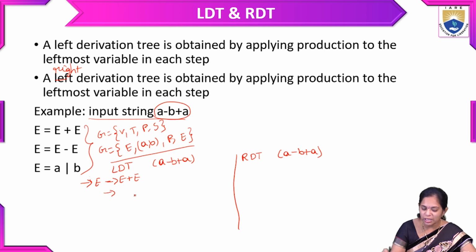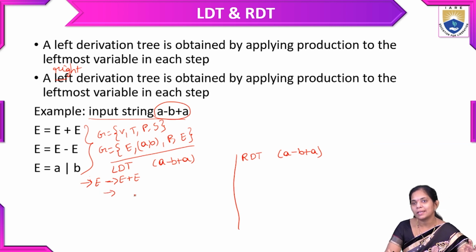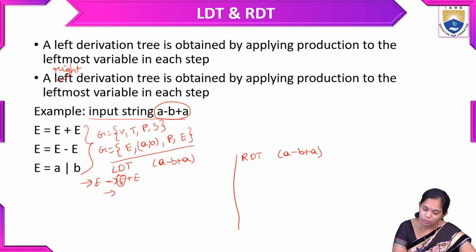We already discussed leftmost derivation and rightmost derivation. In the leftmost derivation, the first step is to take the leftmost non-terminal. Here the leftmost non-terminal is this E, and we will replace it with E tends to, we require a minus symbol. Is there any production with the minus symbol?